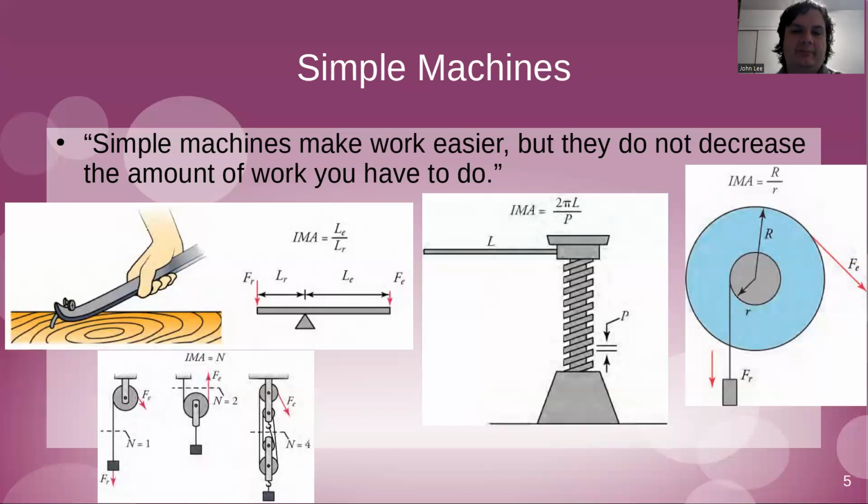So what we have here are a bunch of different examples of levers, where a lever is something where you apply a force a farther distance away, to cause there to be a force in the opposite direction doing work. So it doesn't change the amount of work you do.